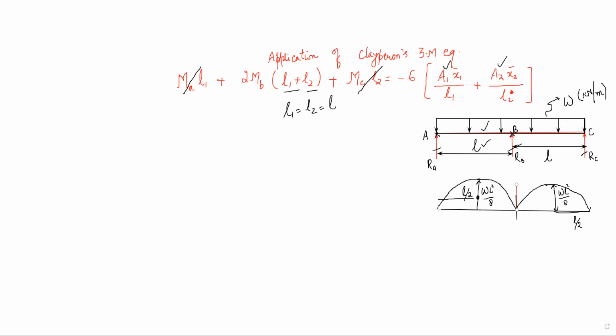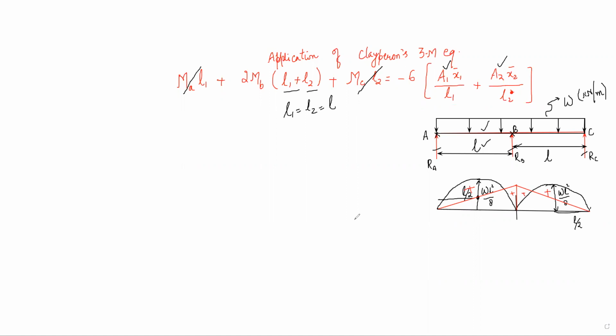Therefore, join this point with this point. The area that lies between the red and black lines represents the exact bending moment diagram for this type of beam.